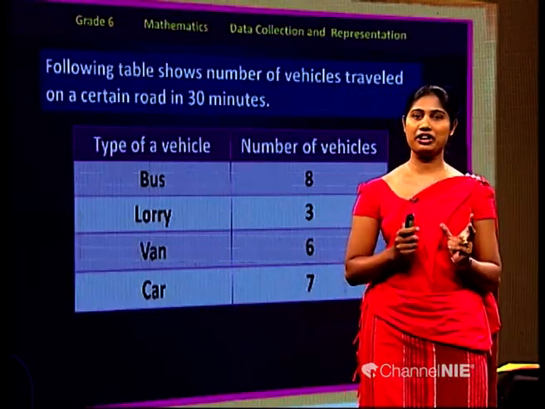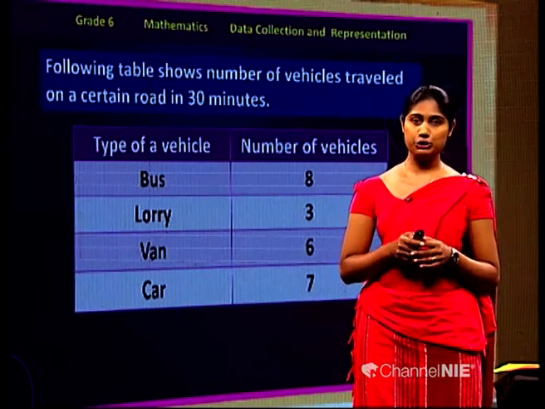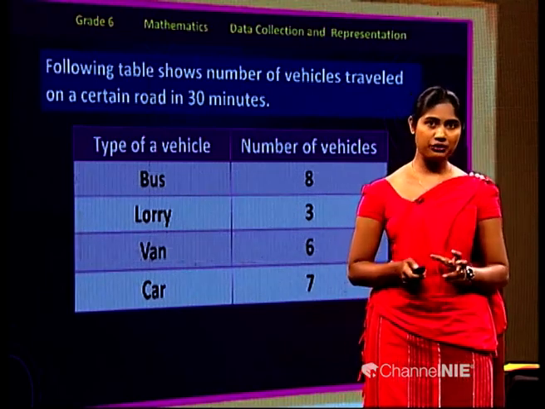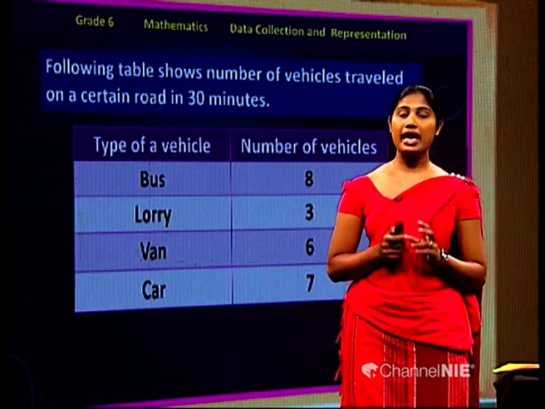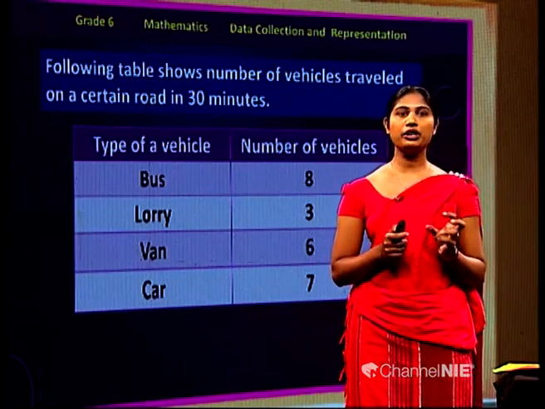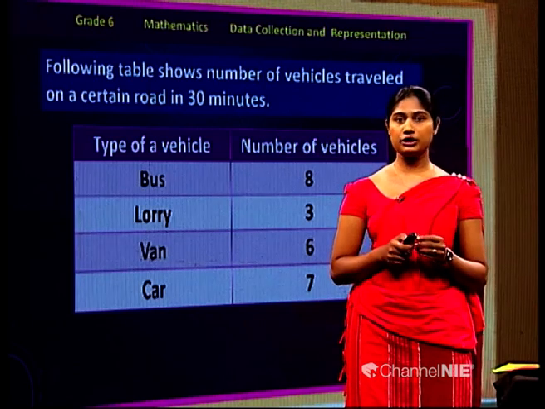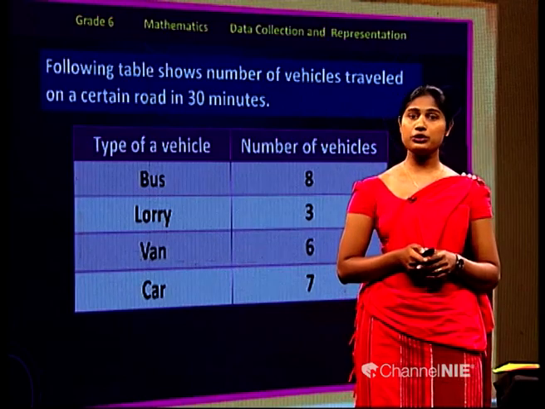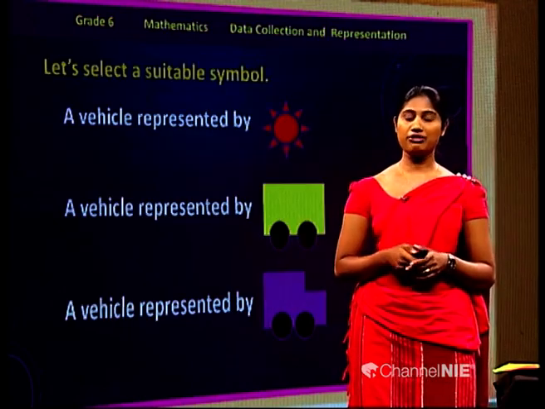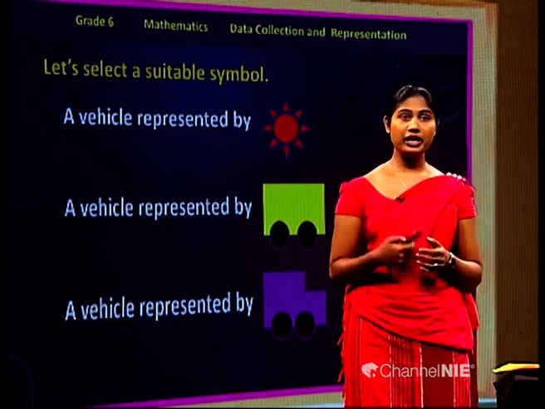Here this table we are going to represent using pictures. First of all, we should select what picture we are going to use, and how many numbers we should concern about this picture. Okay, then I am going to draw a picture graph by using that table. Come with me.